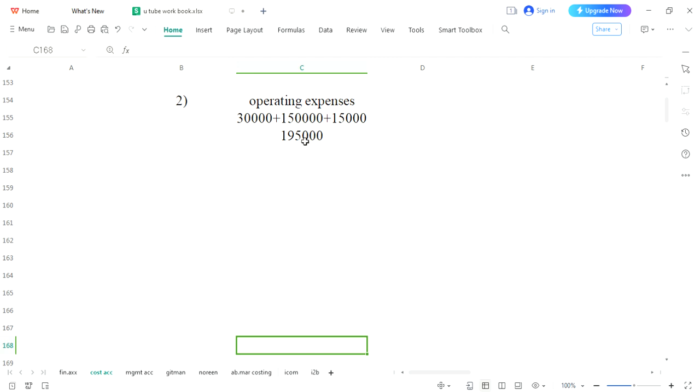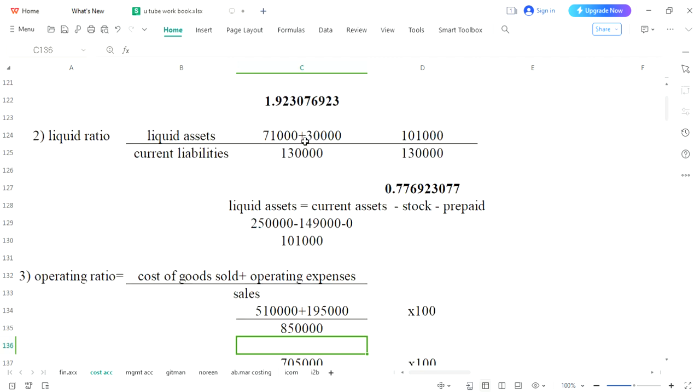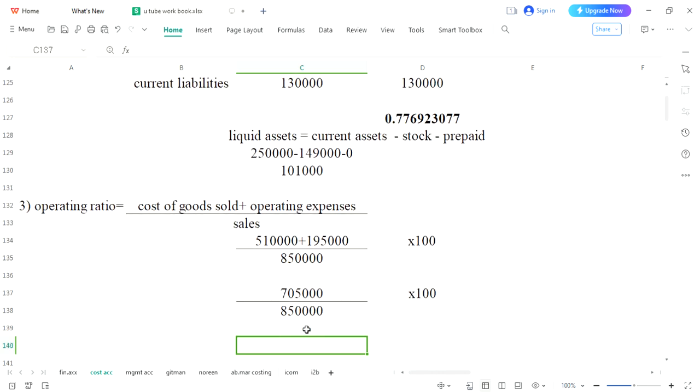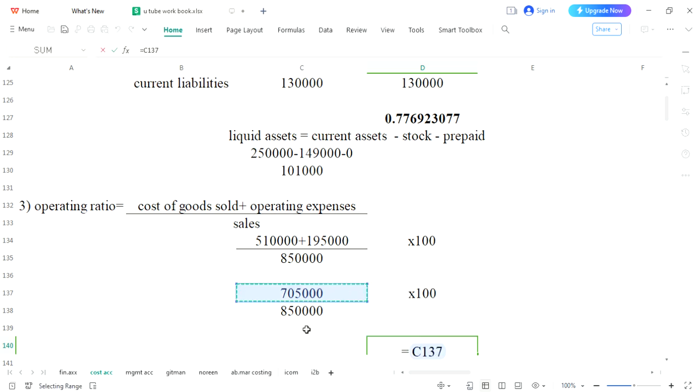In this way 195,000 operating expenses. So cost of goods sold 510, operating 195, sale 8,50,000 given in your question.